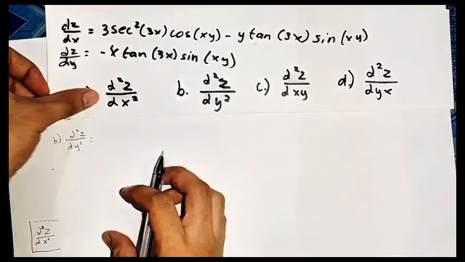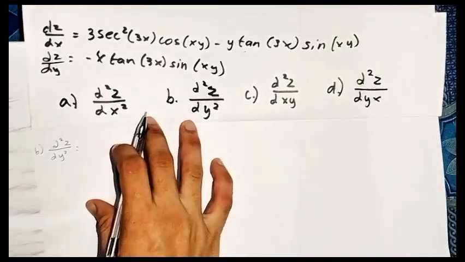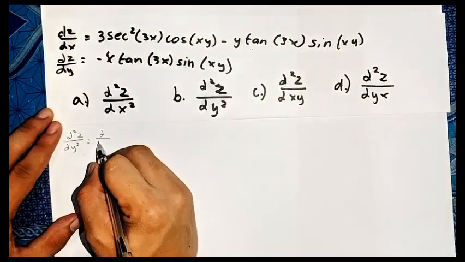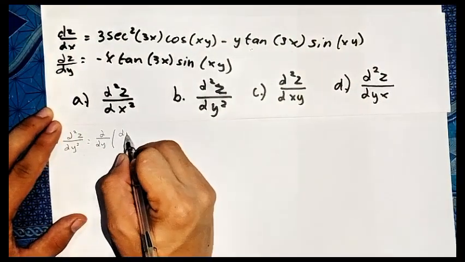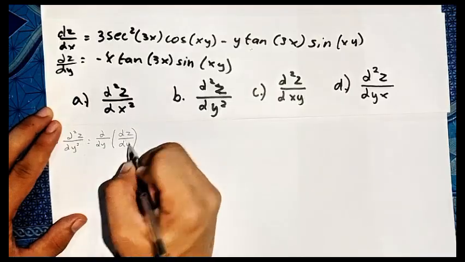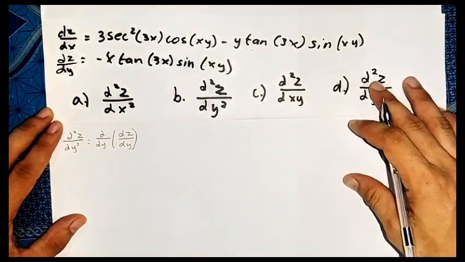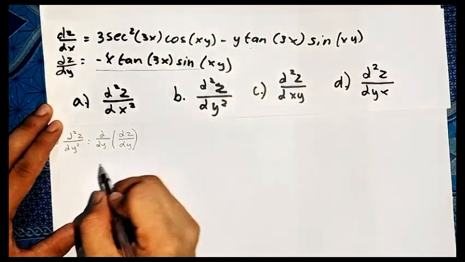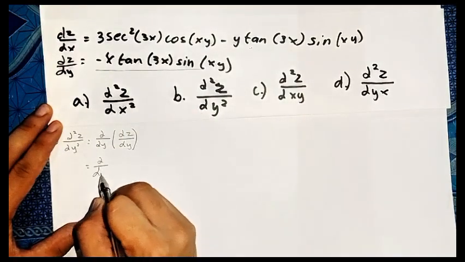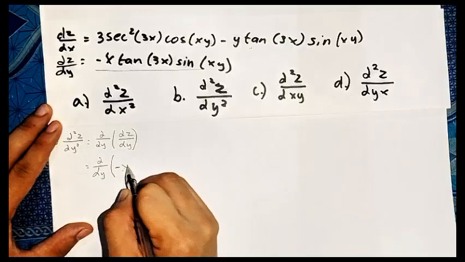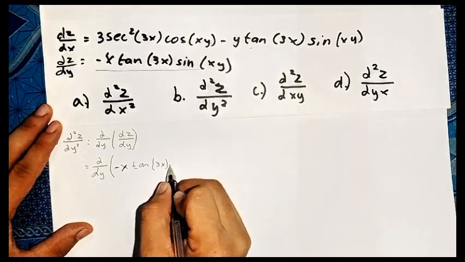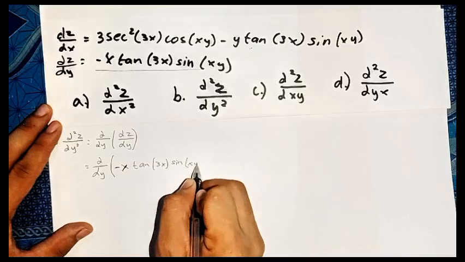It can be written as partial y of partial z over partial y. Now, partial z over partial y, this is it, right? So, let's copy that one. Partial y of negative x tangent 3x sine xy.